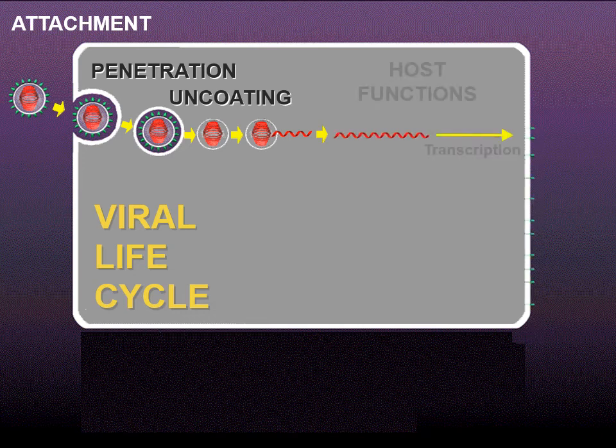Now what happens here is that this nucleic acid is going to be transcribed, meaning that messenger RNA is going to be made from the nucleic acid itself. Some of those proteins which are going to be made, as I said earlier, are structural and non-structural.